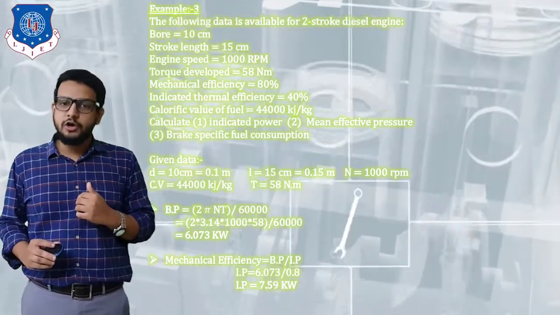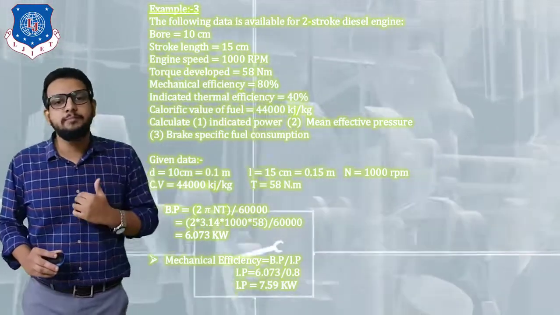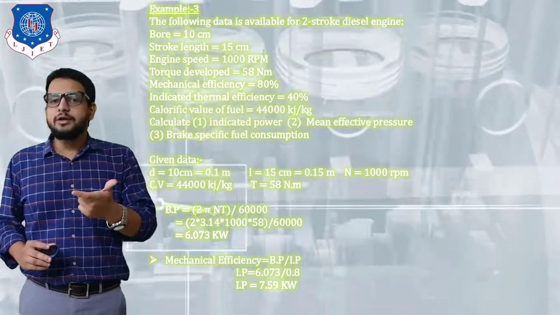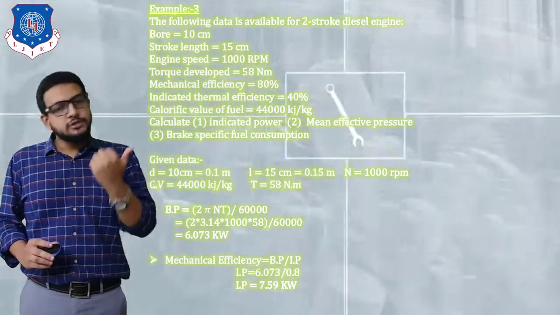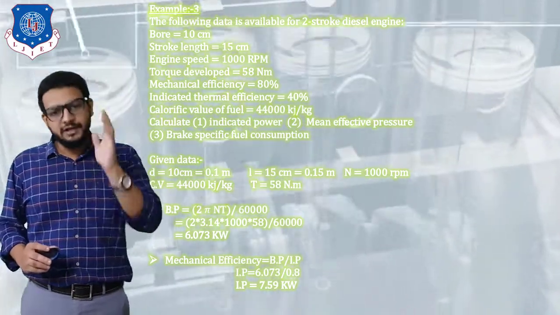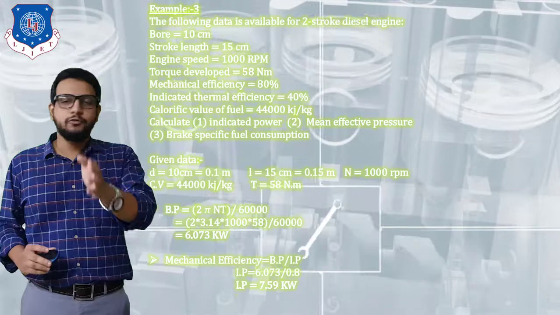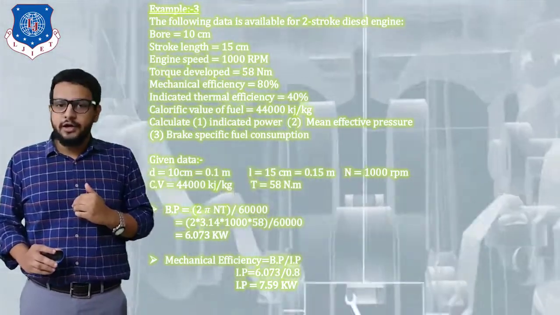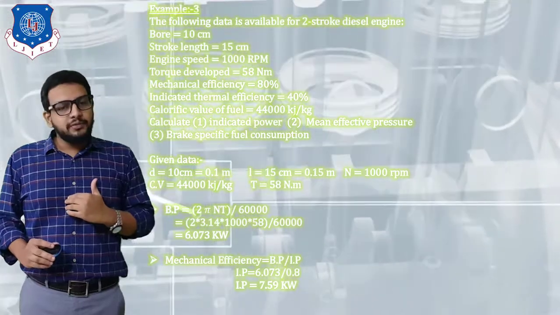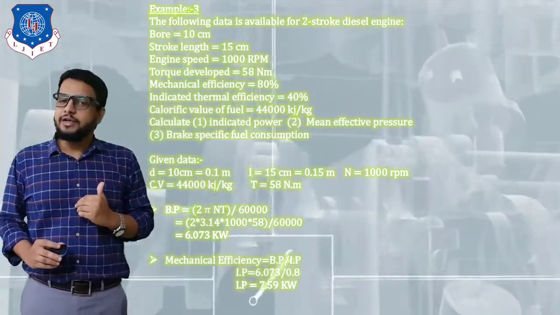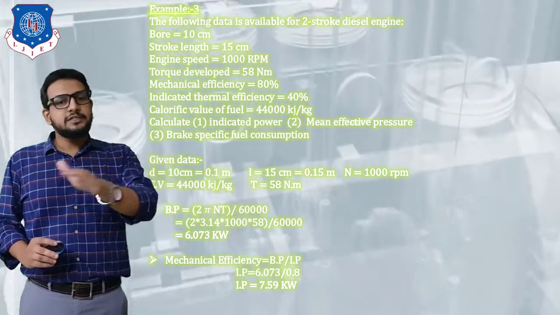If torque was not given, force would have been mentioned and the brake drum diameter would be given, and from that we can easily calculate torque as force into radius. But in this question, torque is directly given, so we multiply by 58, divided by 60,000. So we get brake power is equal to 6.073 kilowatt.